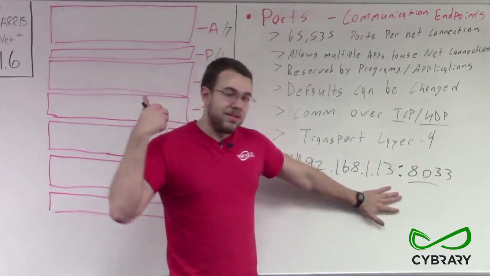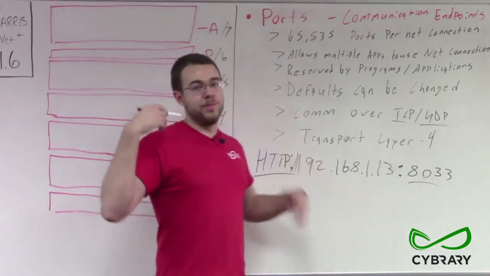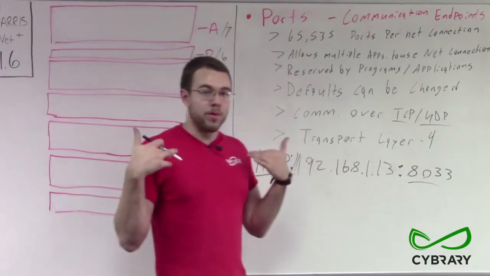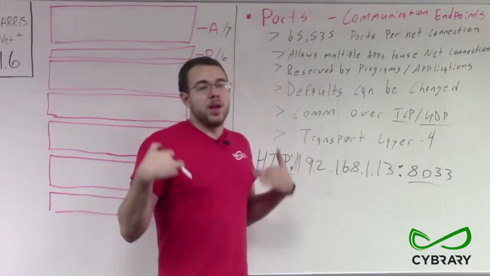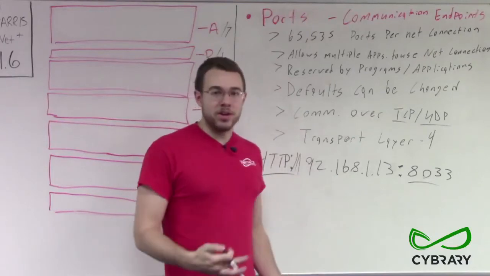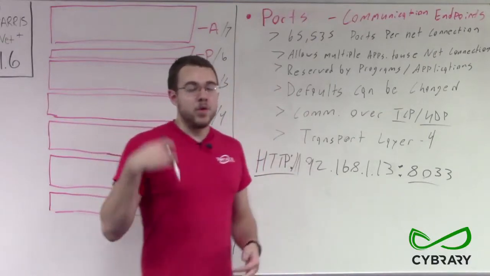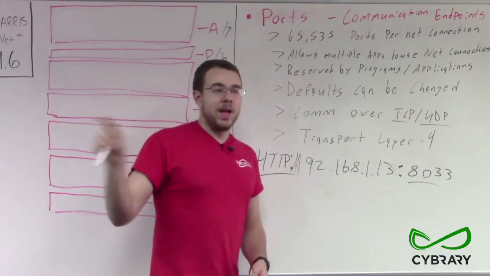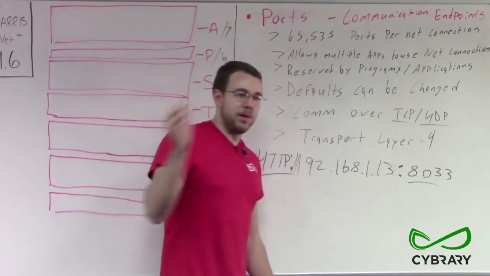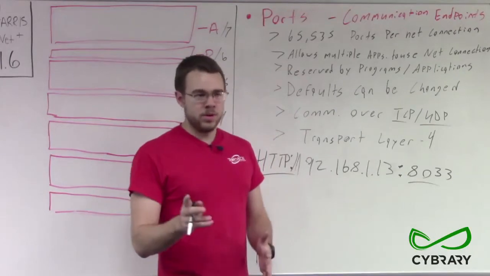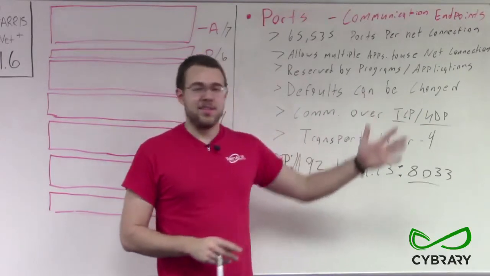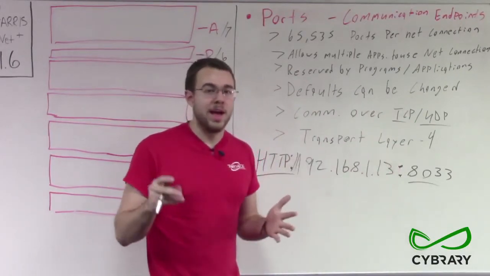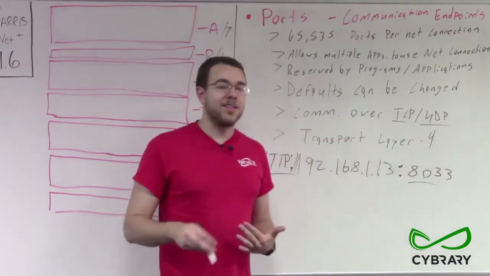It's very good to learn default port numbers for popular protocols, because if you're analyzing network data or analyzing traffic, you'll see those port numbers popping up. And you'll be able to say, okay, this protocol is trying to go here, this program's trying to access here. Why is this program trying to access here? This program shouldn't be doing that. Or why is this data trying to access here?